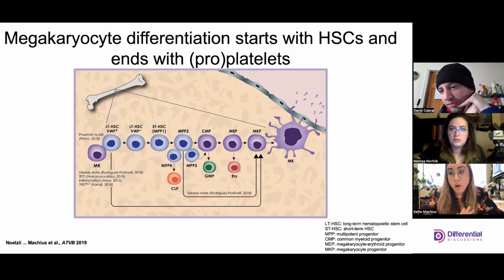So we always use fresh cells, there are no cell lines or things like that. We always use megs that are cultured from murine bone marrow, and we just do it every week. We actually sometimes get human bone marrow as well.